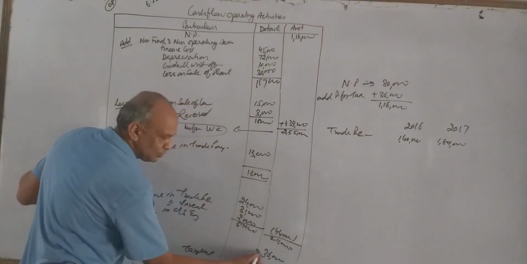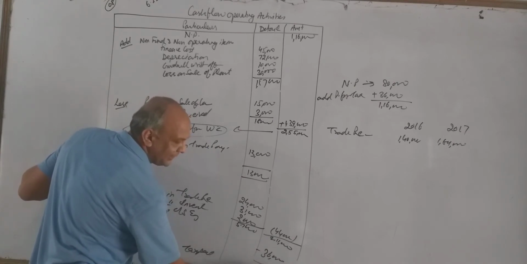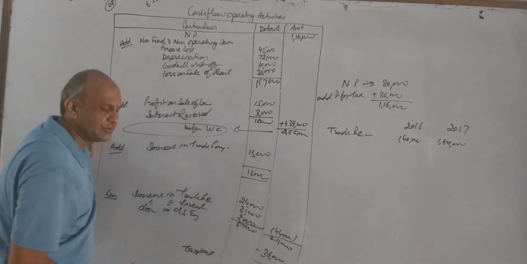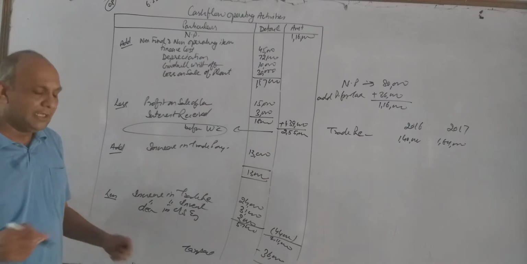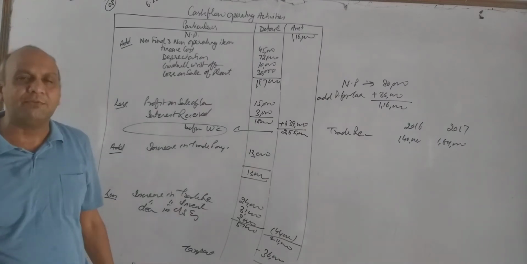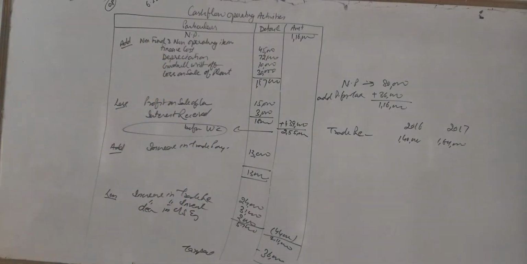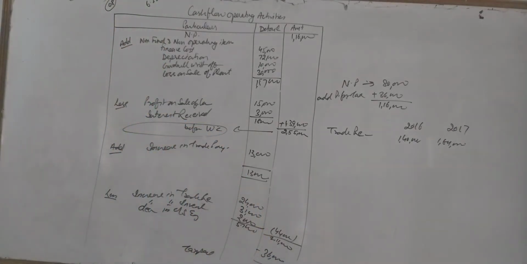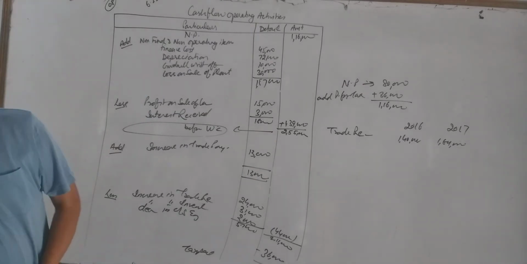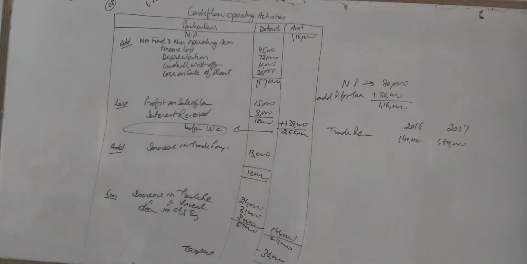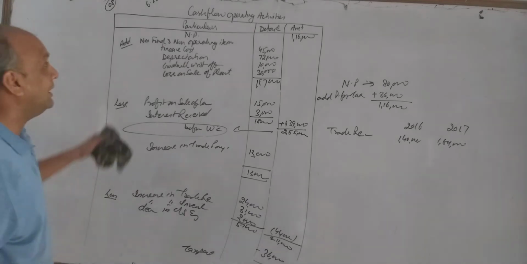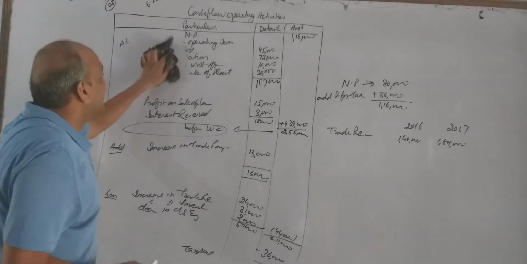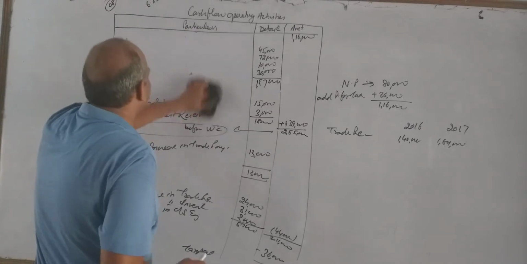And this to be deducted, so it comes, my dear friend, 1,75,000. And we will write over here cash flow from operating activities after working capital change. So in this way, today we have calculated cash flow from operating activities from revenue from operation given.